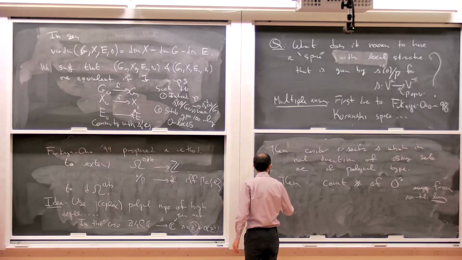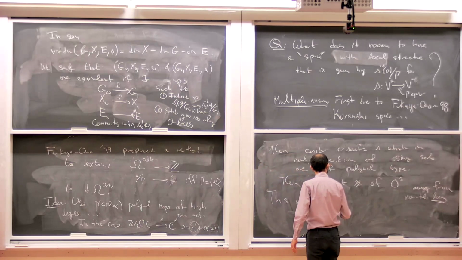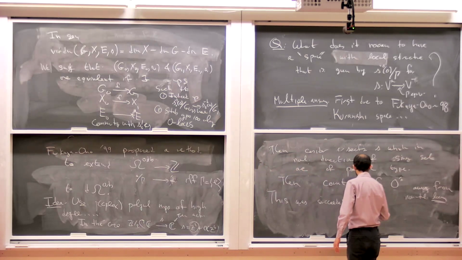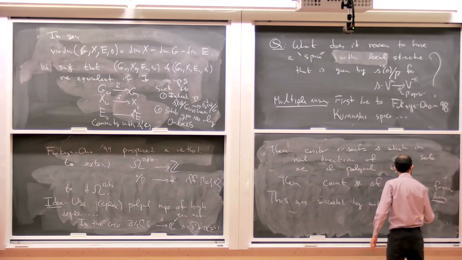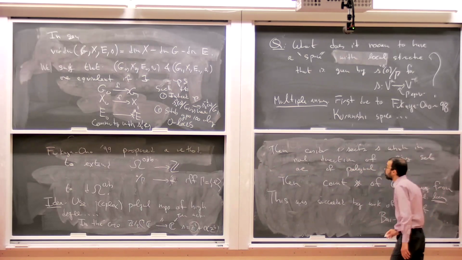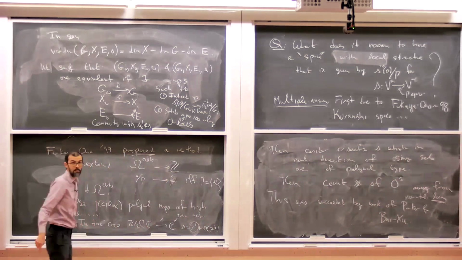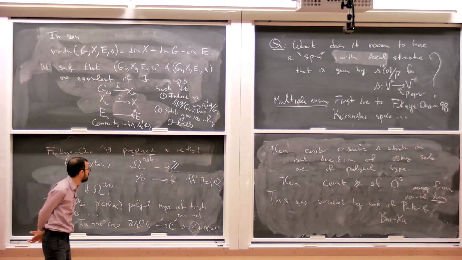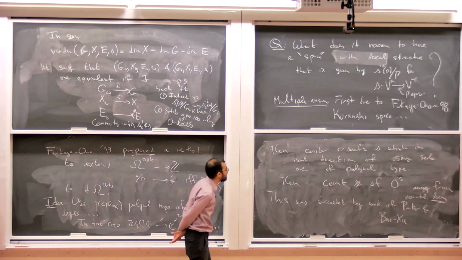This was succeeded by work of Parker and Bai and Xu. The reason I say Fukaya and Ono proposed something is that they did it in a 10-page conference proceeding. It was basically an announcement: this idea should work.